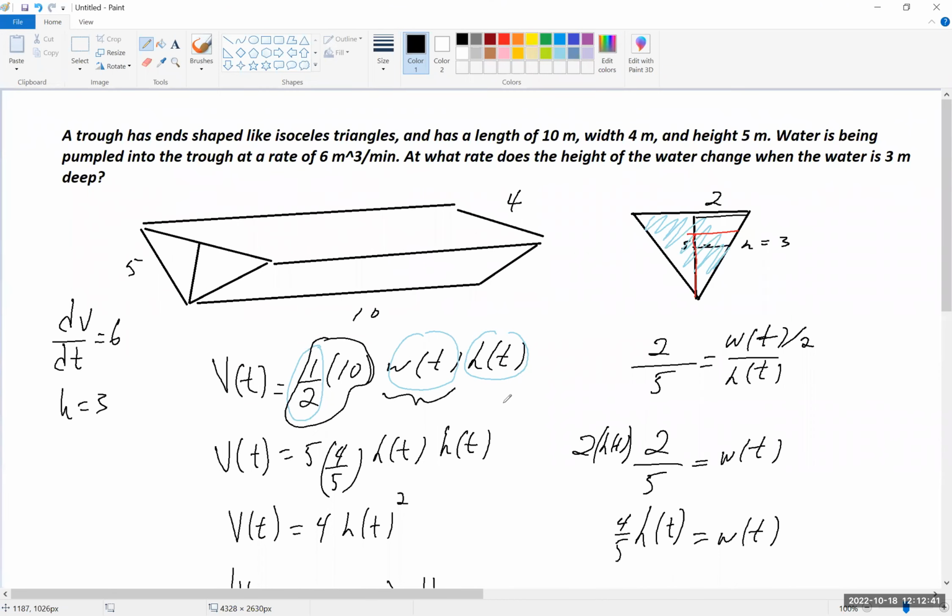And we should have said that at the beginning. This is asking for what rate does the height of water change? So that is our unknown. It's the dh/dt. That's our unknown. But fortunately, it shows up in that equation.